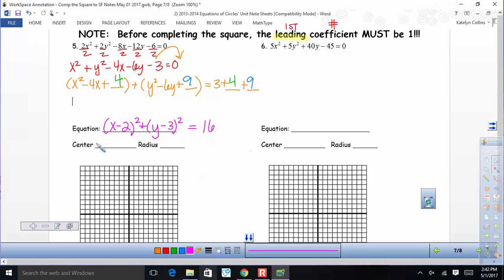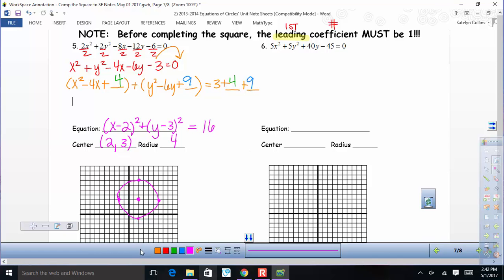So what would my center be here? 2, 3, and my radius would be 4. So I'm going to go to 2, 3, put a point. Then from there I'm going out 4 in every direction. And graph that circle.